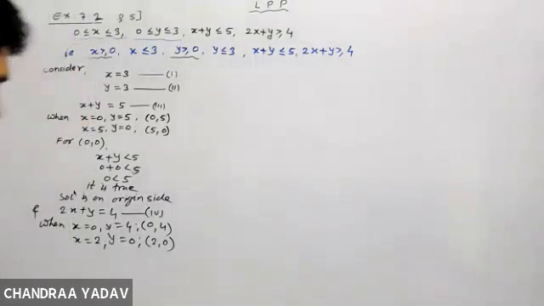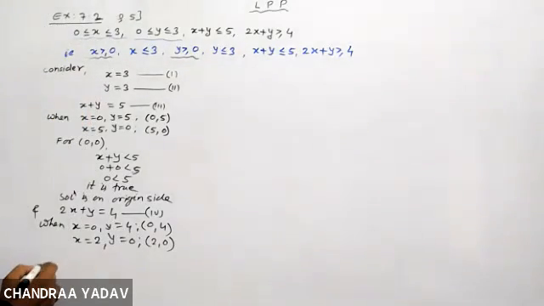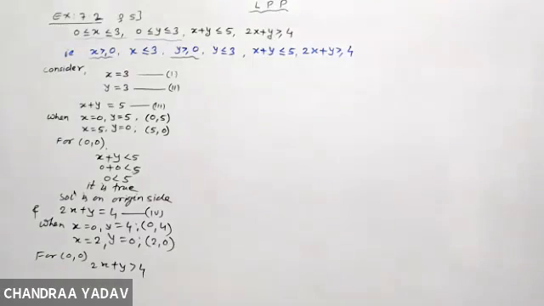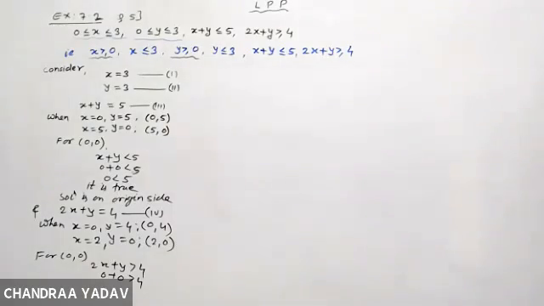Hope all of you are getting it. Okay. Now for 0, 0, 2x plus y is greater than 4. 0 plus 0 is greater than 4. 0 is greater than 4. This is false.